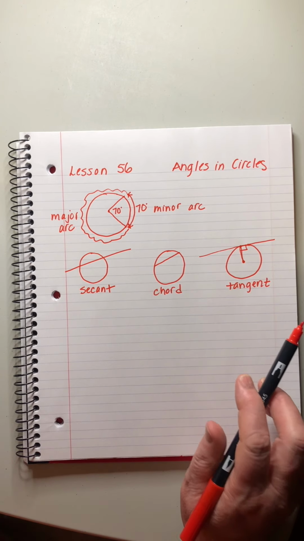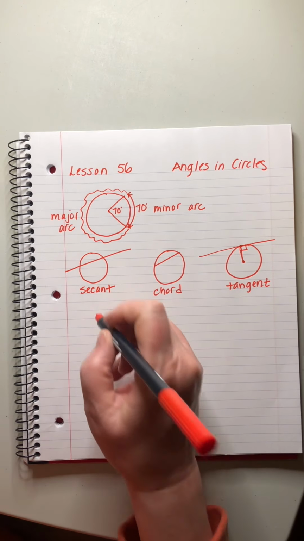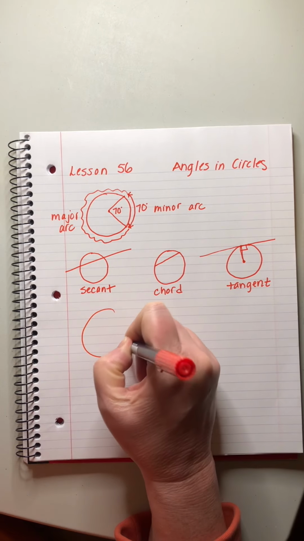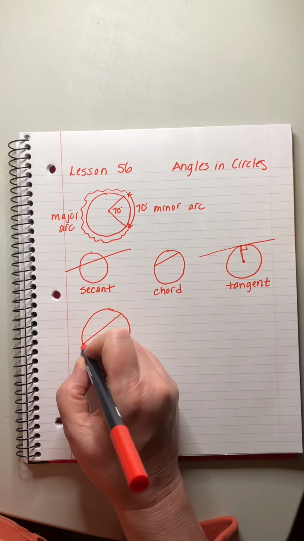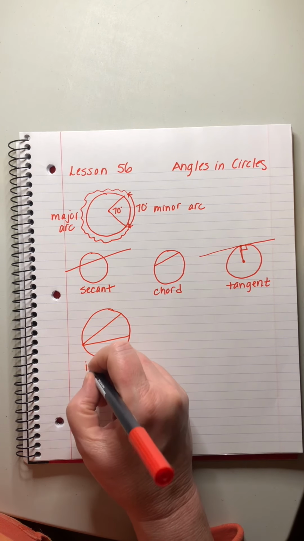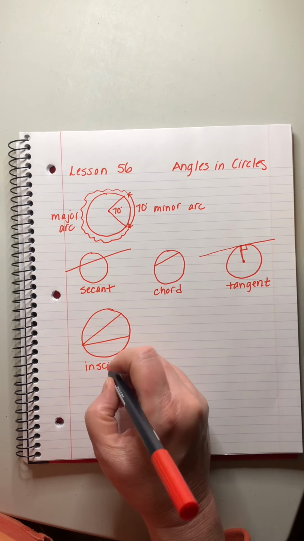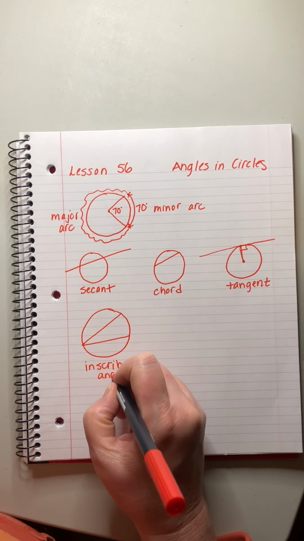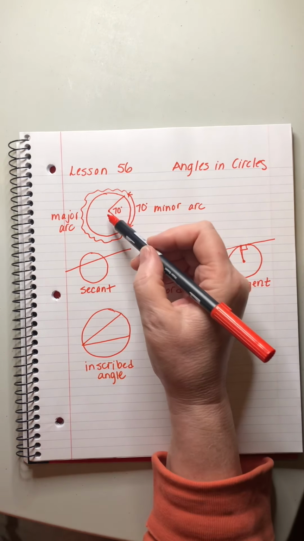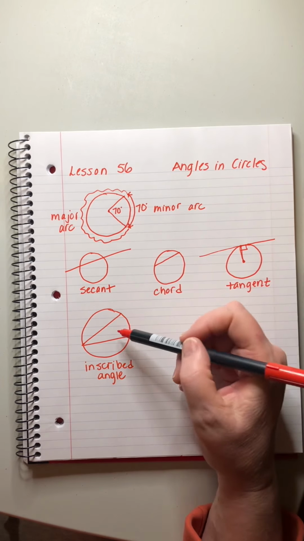we also have learned that there's something called an inscribed angle. It doesn't come out of the middle. It doesn't come out of a random point.